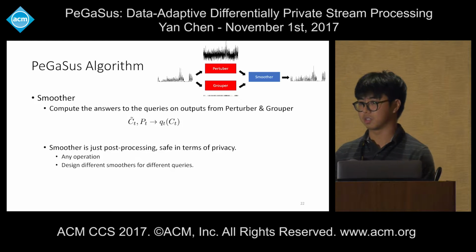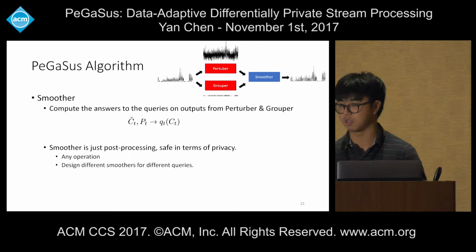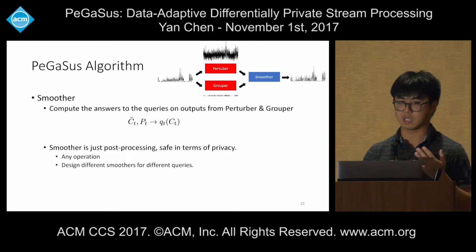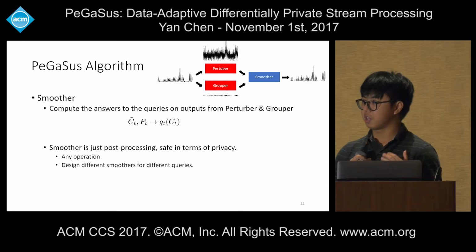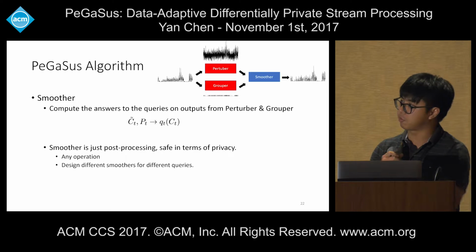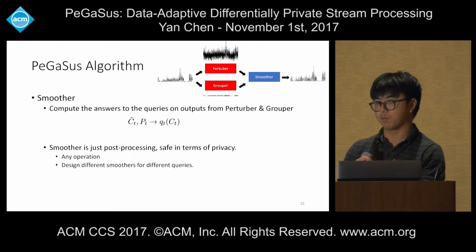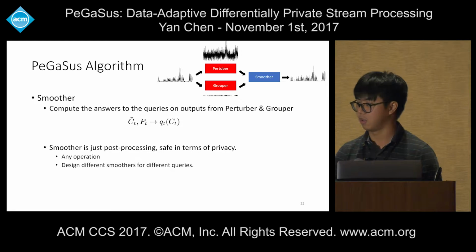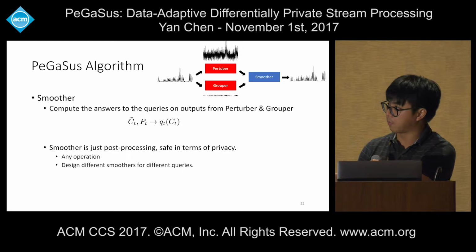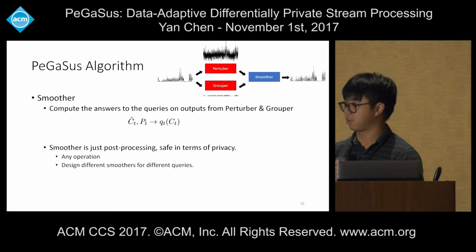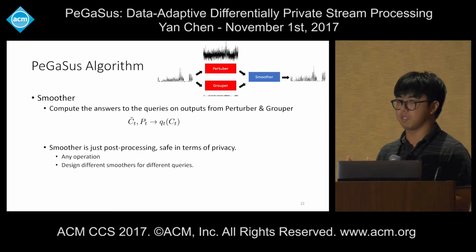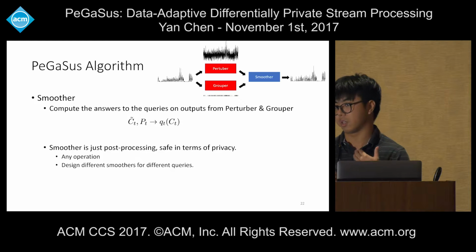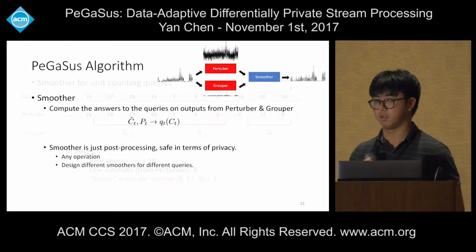Suppose we want to design a smoother for answering unit counting queries. Unit counting queries ask for the single count at every time step. Here, given the real stream, we have one noisy output stream from the perturber. We also have a grouping result from the grouper, and we want to ask the single count query, say at time t. One estimate is that we can directly use the noisy count from the perturber.